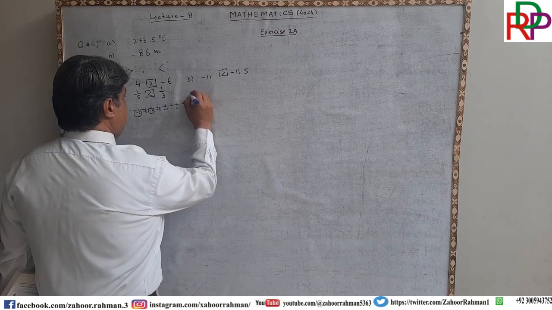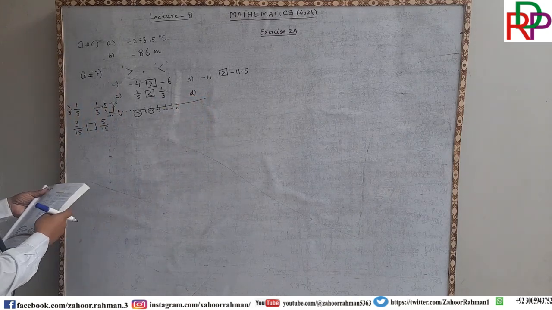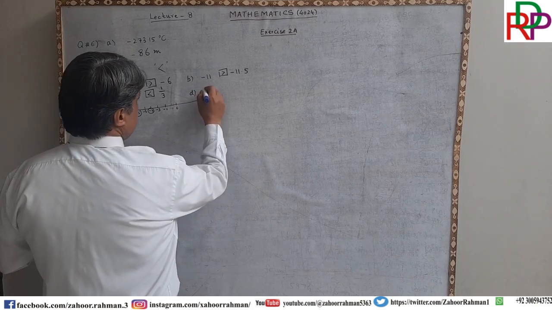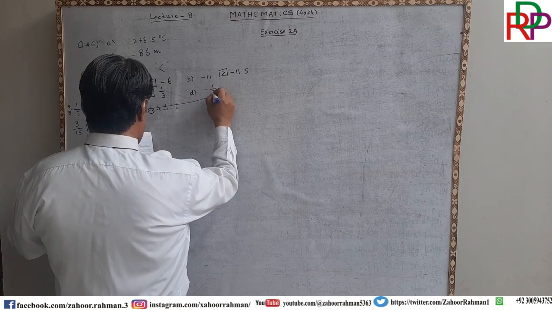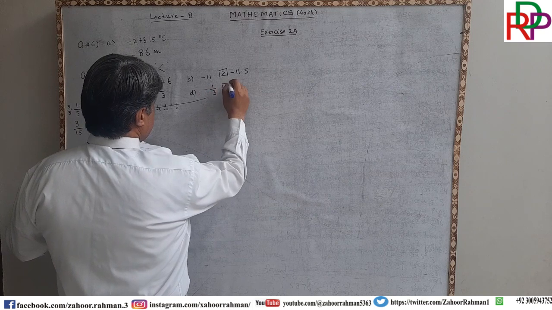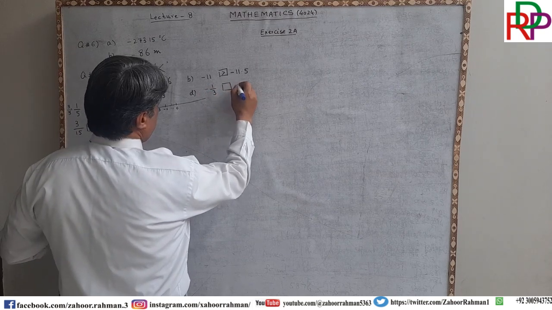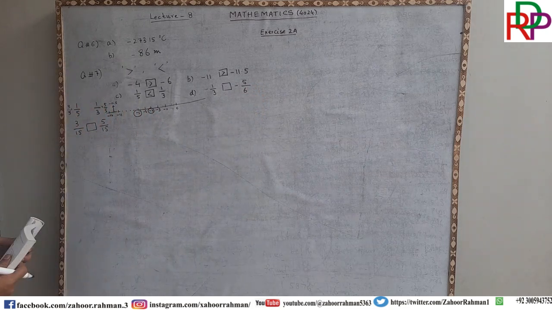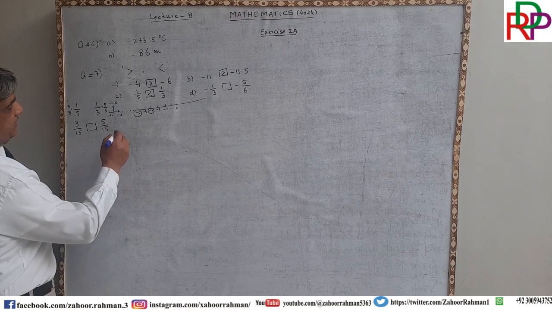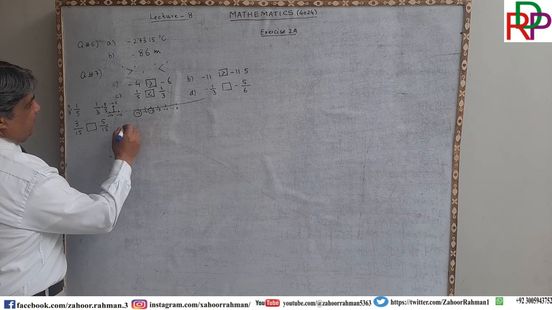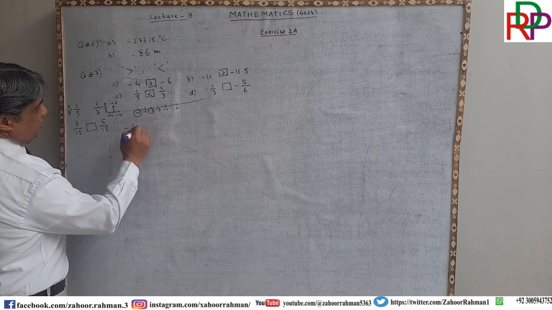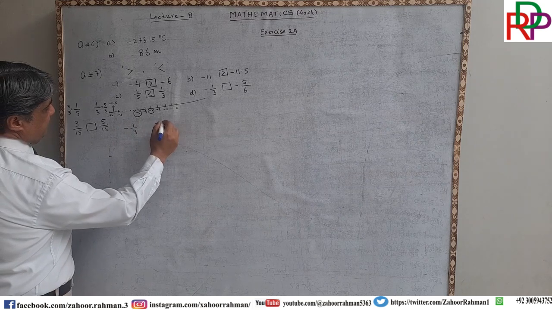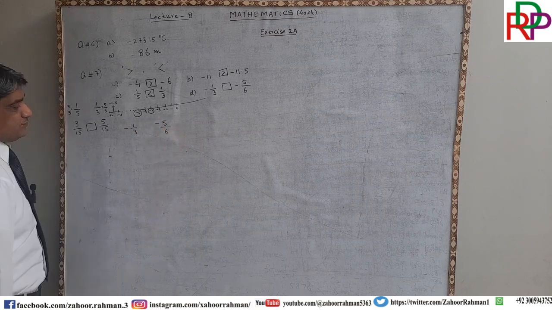Now in D part, they have given us another question, and that is minus 1 over 3, and this is minus 5 over 6. Again, you have to make the denominators the same, and then we will study the numerator. Minus 1 over 3 and minus 5 over 6.